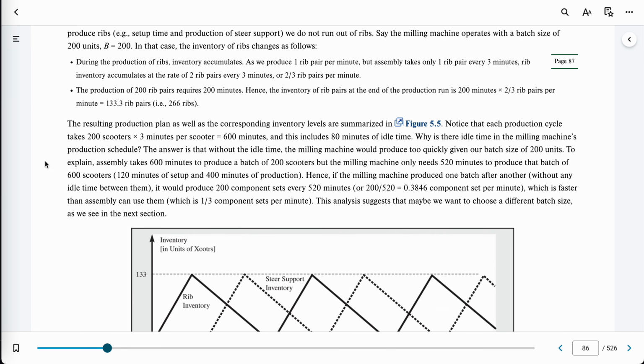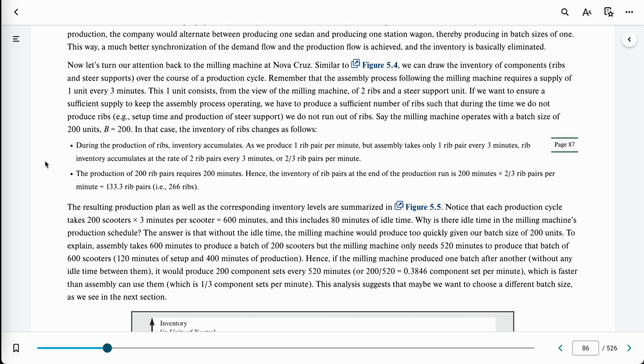Now, remember that even though the rib process is a continuous process, there will be some idle time. So why is there idle time? For example, if you produce 200 scooters at 3 minutes per scooter, it takes 600 minutes. This also includes 80 minutes of idle time.